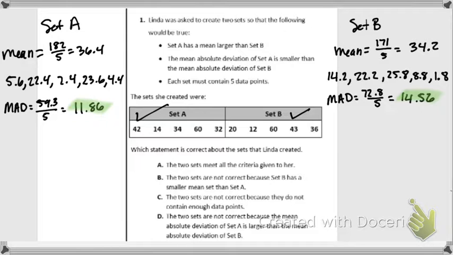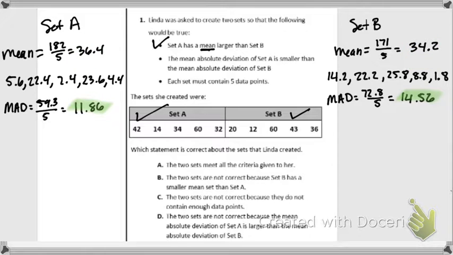Set A has a mean larger than set B, so A is not true because it's not larger. The mean absolute deviation, set A is smaller than the mean absolute deviation. Oh wait, I read that wrong. The set has a mean larger than set B. So here the mean is 36.4 and 34. So yes, that is true.